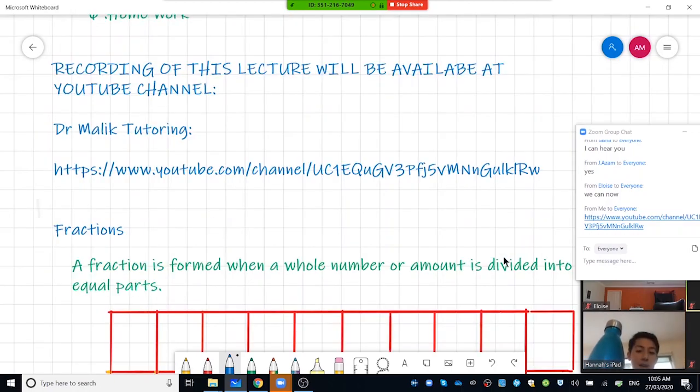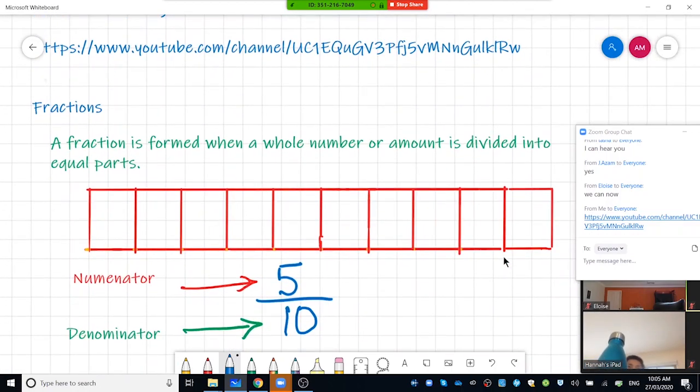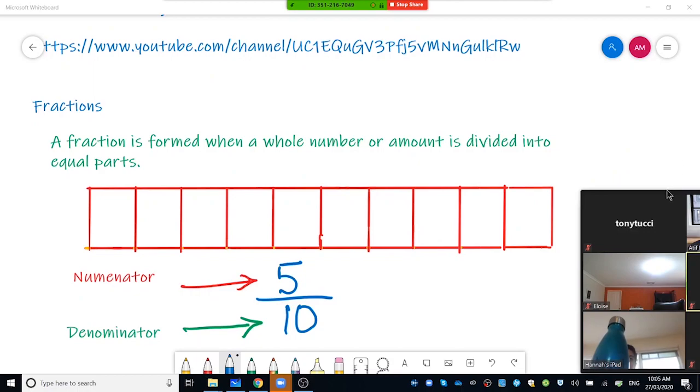So let's see what a fraction is. A fraction is formed when a whole number or amount is divided into equal parts. We know what a fraction is; in English, fraction means a smaller part.